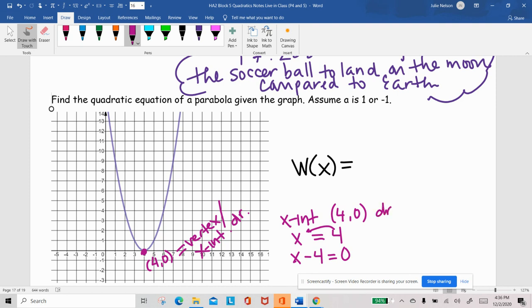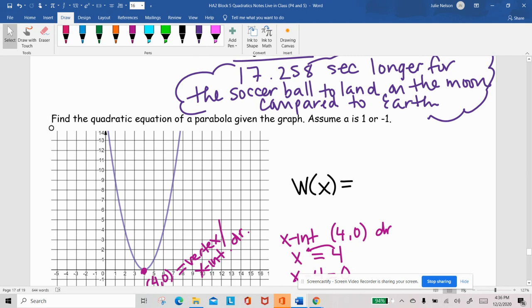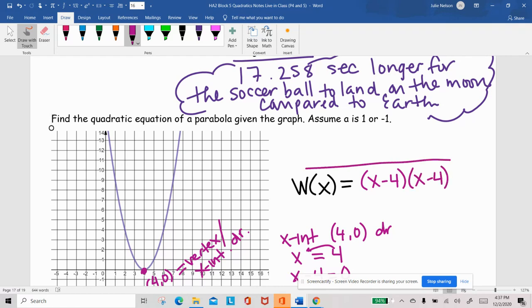It's a double root because I only have one x-intercept, which means there's technically two that give you the exact same value. So I have to have two factors of x minus 4. I'm going to write x minus 4 two times. This is your answer in factored form.